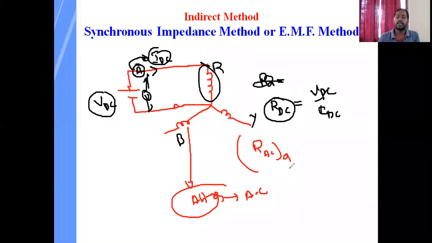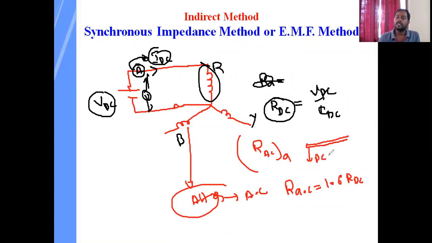According to the skin effect, RAC is equal to 1.6 times RDC. For example, if this wire is connected for DC, the resistance is 10 ohms. If you connect the same wire for AC, the resistance is 16 ohms. That is the difference between AC and DC resistance.